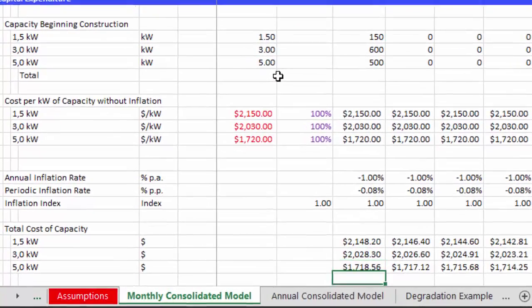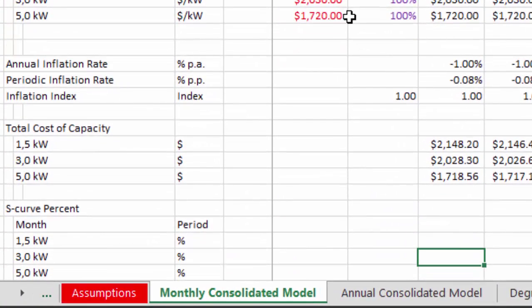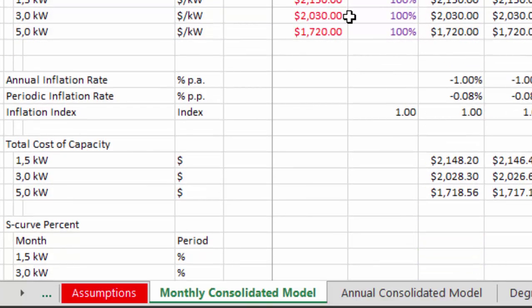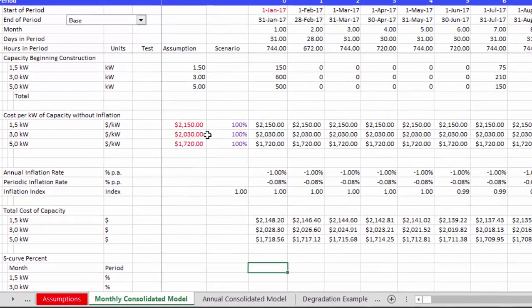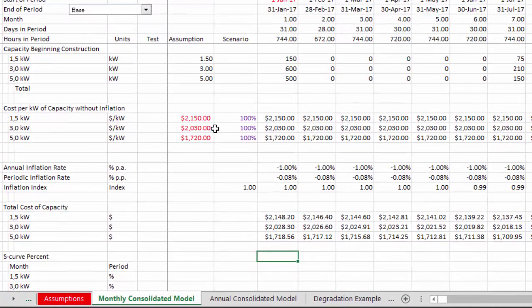And then we have our inflation. Now what we really want to know is, we could multiply these two together and get the total cost, which I told you I would do here. Okay.